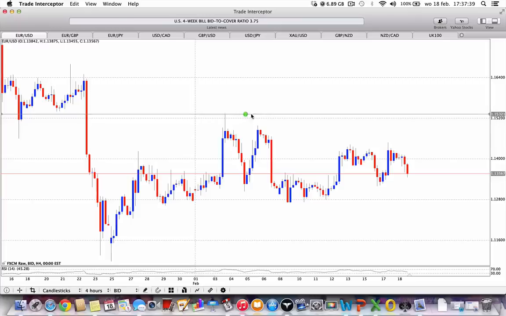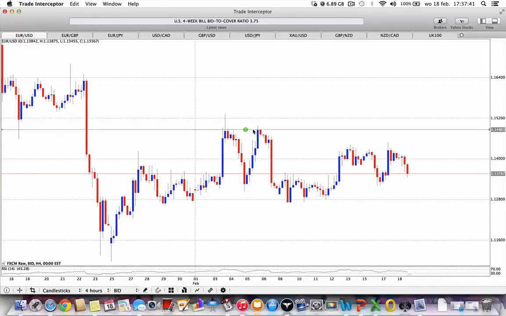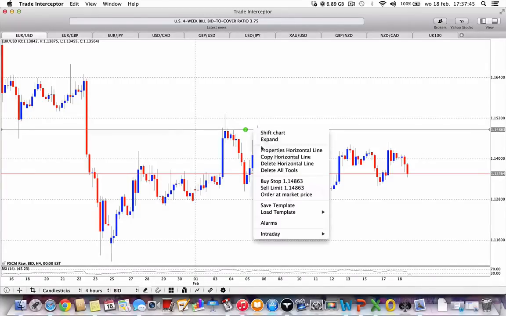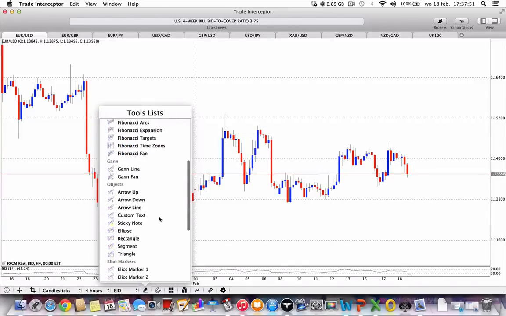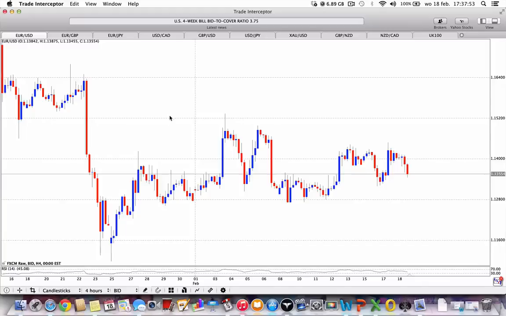Doing it like this with one fixed price, with just one line, isn't the right way to do it. So what I recommend doing, and I also do it myself because it's the best way, is to use a zone. I'm using this red box to indicate my zone.